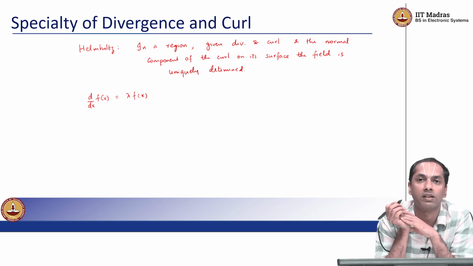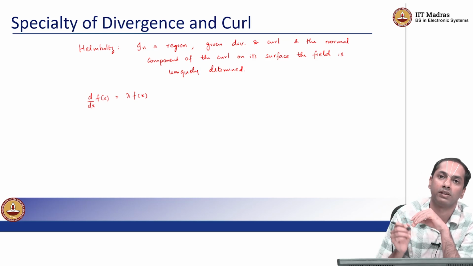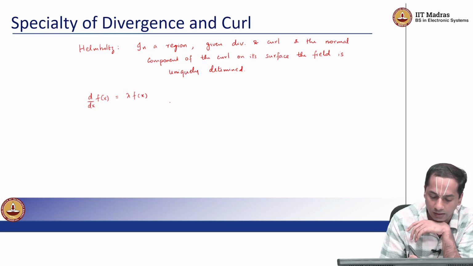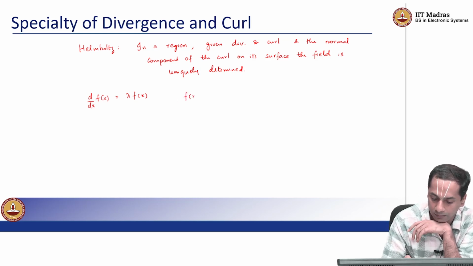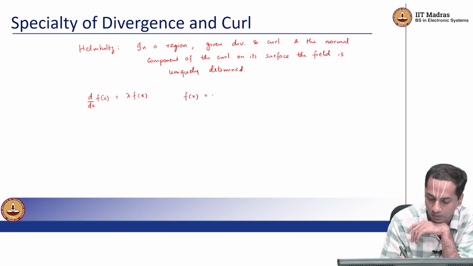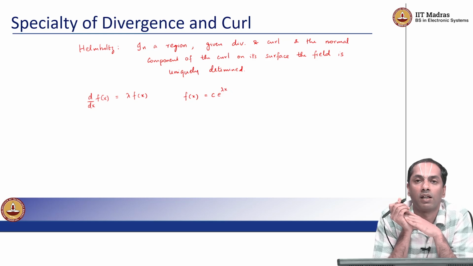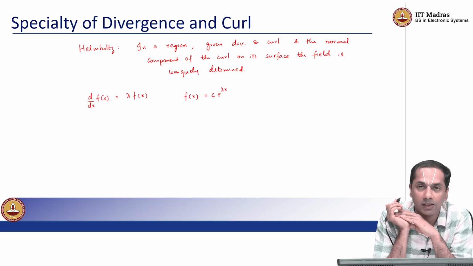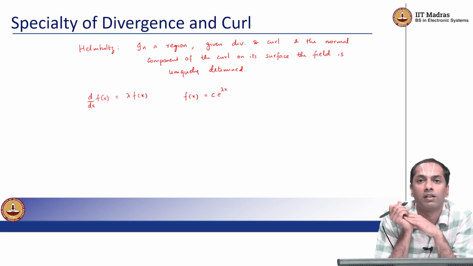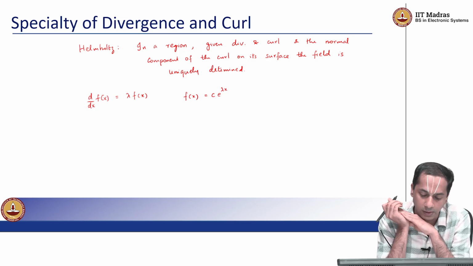So this is an eigenvalue equation where lambda is the eigenvalue and f of x is the eigenfunction, and the solution to this is of the form, to within a constant, e to the lambda x. So what can we say? e to the lambda x is the eigenfunction for the derivative operator d by dx.